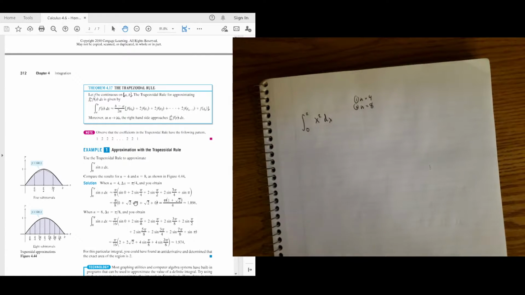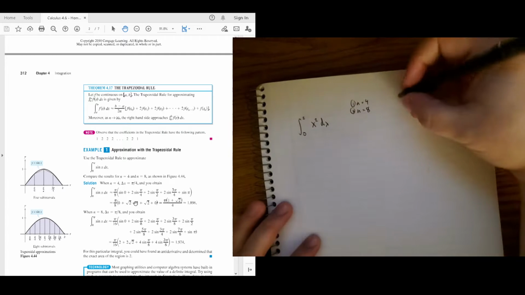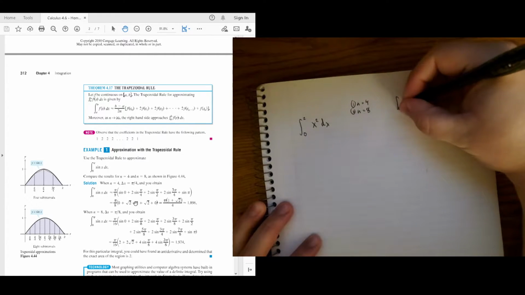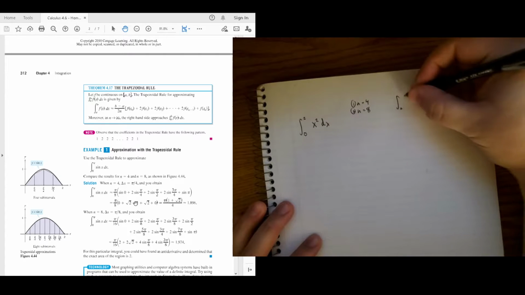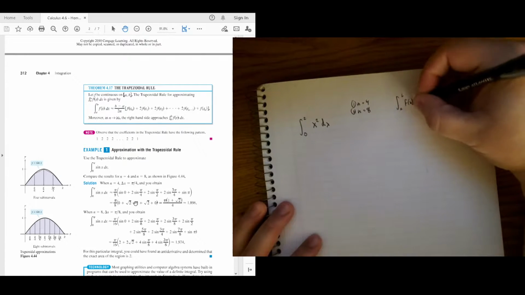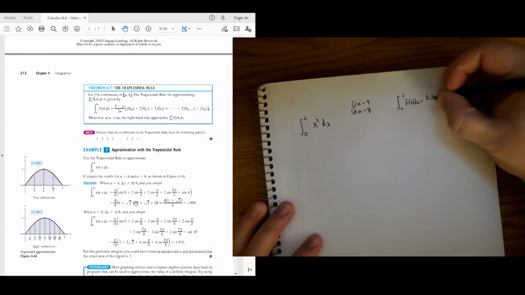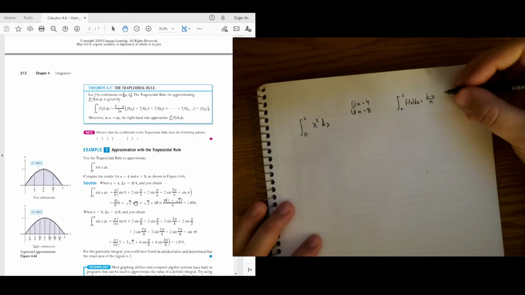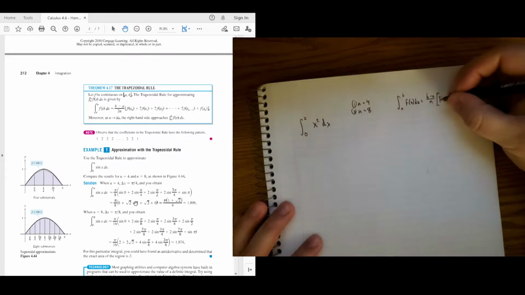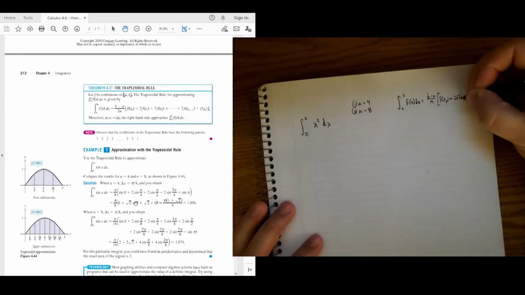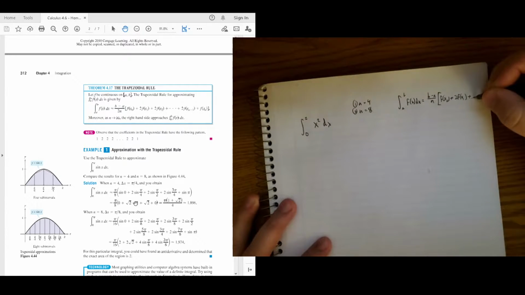All right, let's begin. The trapezoidal rule states the integral from a to b of f of x dx is equal to b minus a over 2n times f of x sub 0 plus 2 f of x sub 1 plus, and then continuing to 2 f of x sub n minus 1, plus f of x sub n.